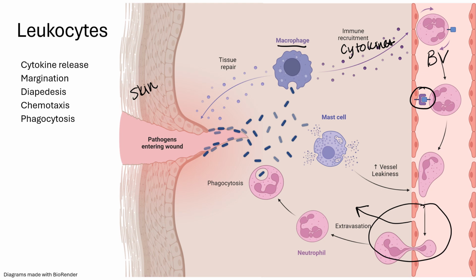Once they get to the injury site, the neutrophil performs phagocytosis to consume the pathogen, and then they start to release their cytokines and interleukins and recruit more and more white blood cells to come to the area. And this is a positive feedback mechanism, as one neutrophil can recruit so many other neutrophils to come to this area.